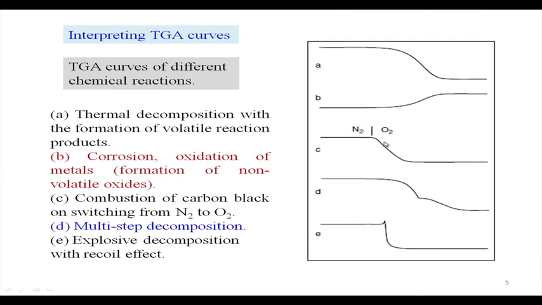Then C, we have seen two gaseous environments, one is the nitrogen environment and the other is your O2 environment. In case of C, the combustion of carbon black, when it is in the nitrogen environment, we know that carbon black is a very useful product, and different companies are producing carbon black.